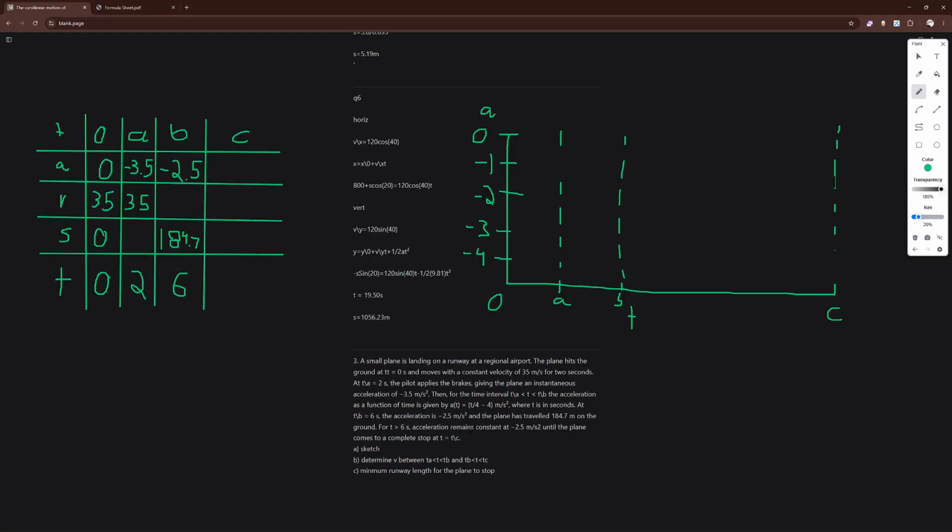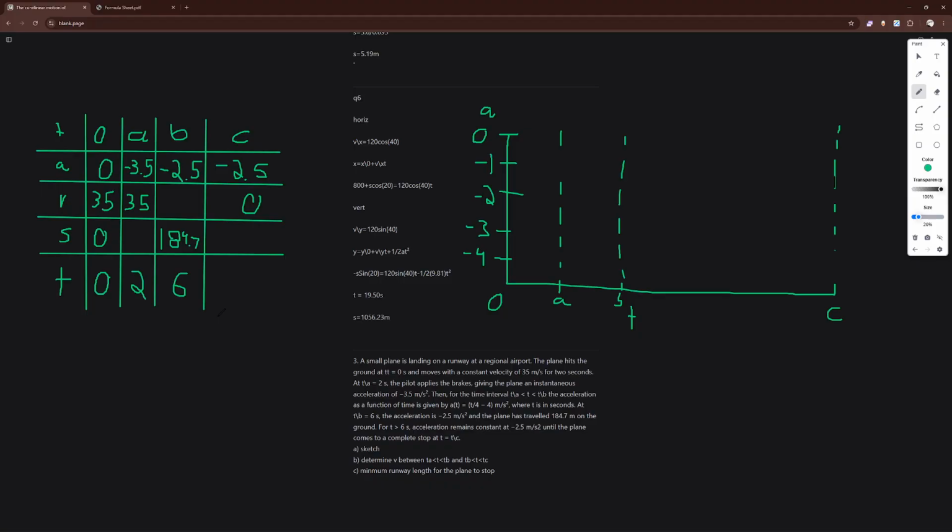For t greater than 6, it stays at negative 2.5. Velocity is a complete stop, 0. Distance, we don't know, and we don't know what tC is either. All we know is that tC is greater than 6. So we need to calculate that.